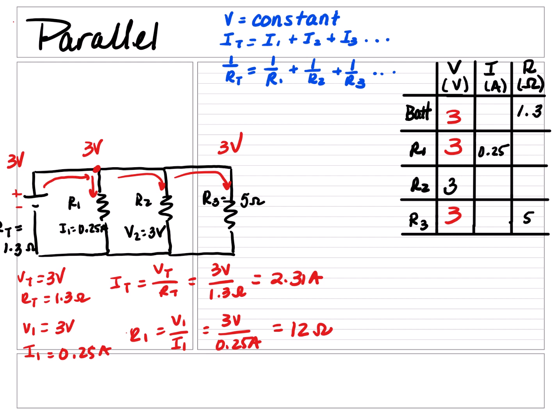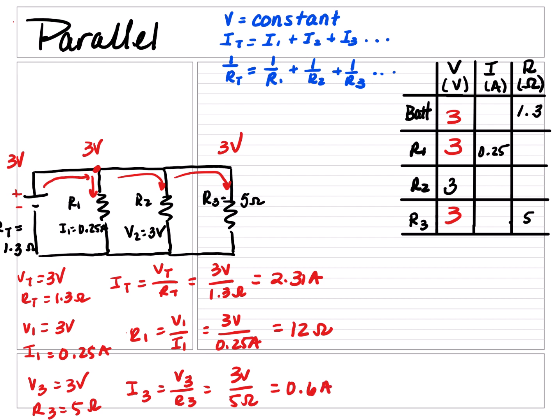We could also solve for I3 because we know V3 is equal to 3 volts, R3 is equal to 5 ohms. So I3 is equal to V3 over R3, which is 3 volts divided by 5 ohms, which is equal to 0.6 amps.